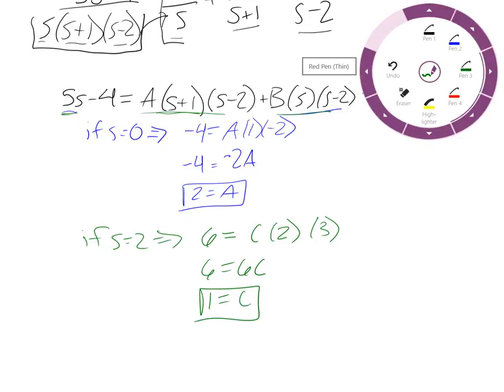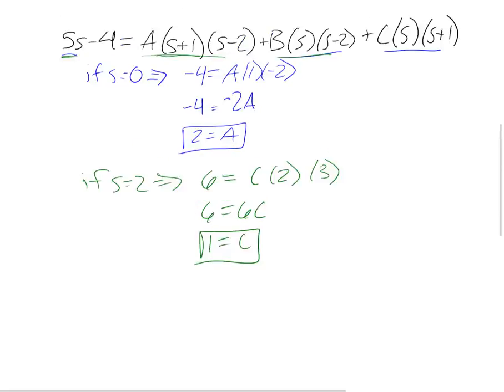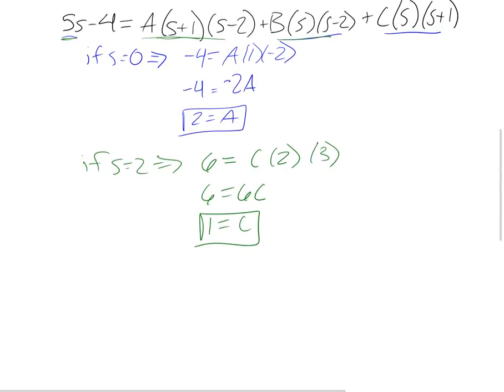Next, to solve for B, we have to cancel out the A term and the C term, so we set s equal to negative 1.